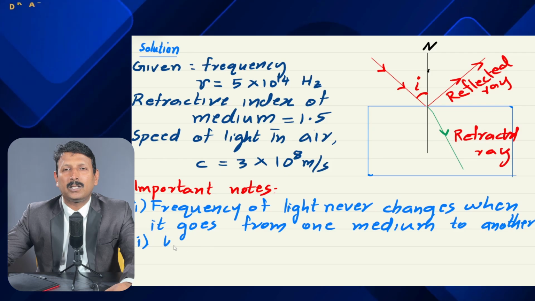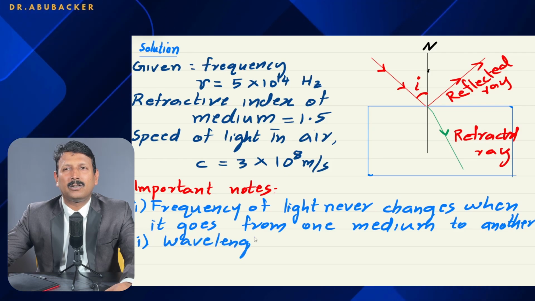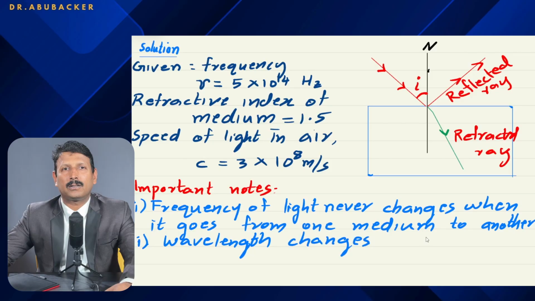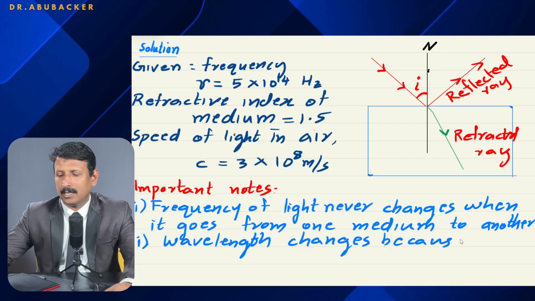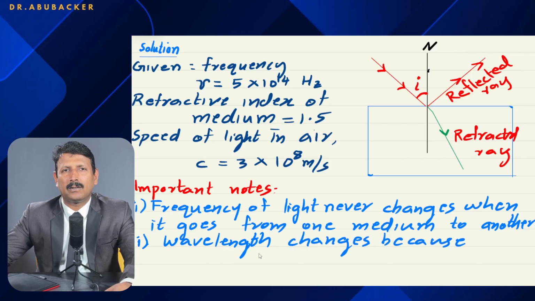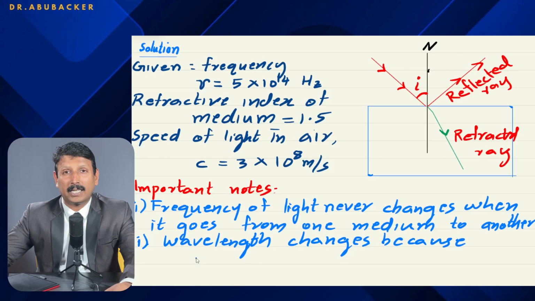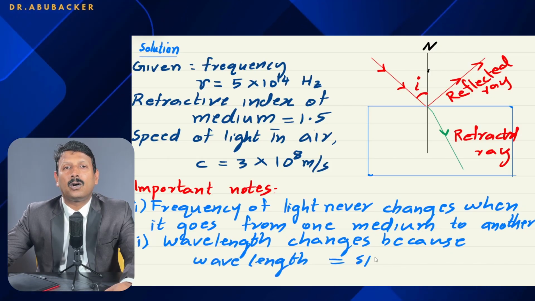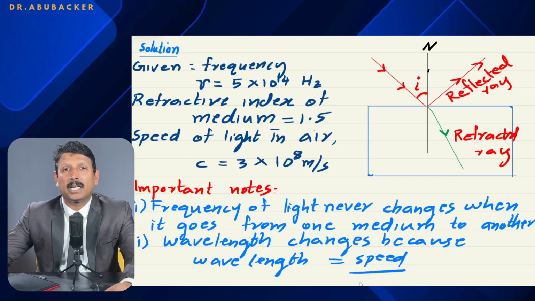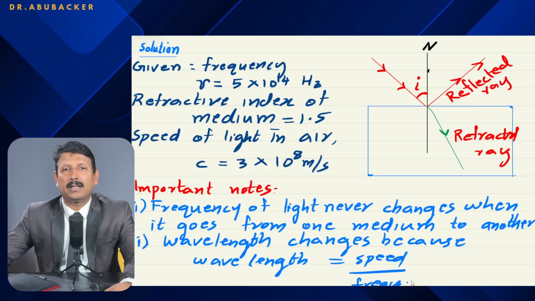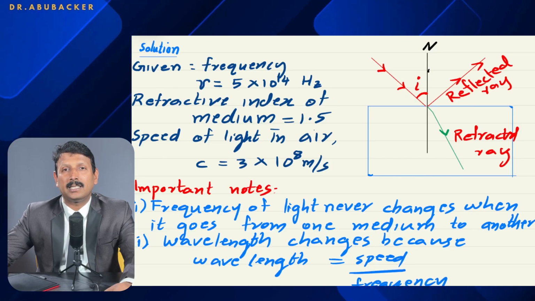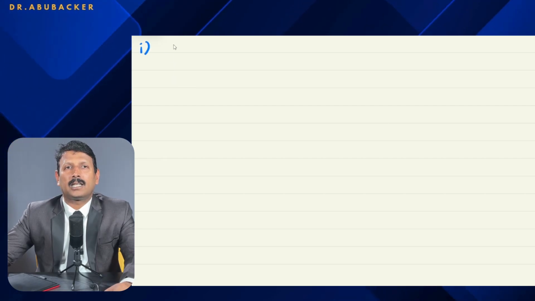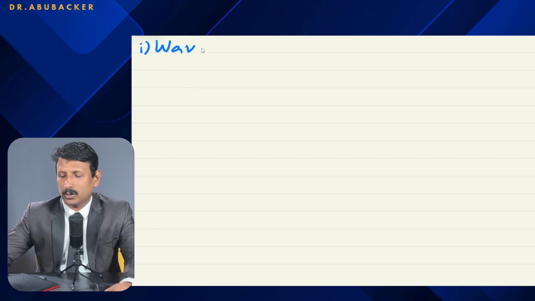We saw this in the derivation where we verified Snell's law using Huygens principle. At the end of that derivation, this point was there. Second, wavelength and speed both will change. Wavelength changes because wavelength is linked with speed by a relation; because the speed changes, the wavelength also changes. Those are the two points I wanted to share first.